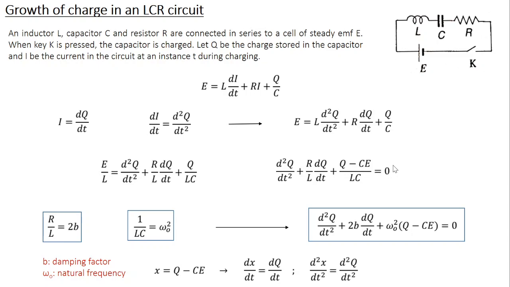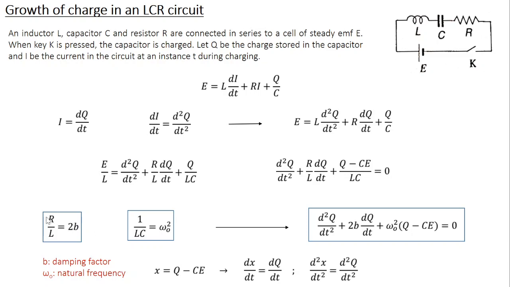Let's make some substitutions here. Call R by L as 2B and 1 by LC as omega naught square. If you remember the derivation of the damped harmonic oscillator in your classical mechanics course, omega naught is the natural frequency of a harmonic oscillator, or the frequency of undamped oscillation.